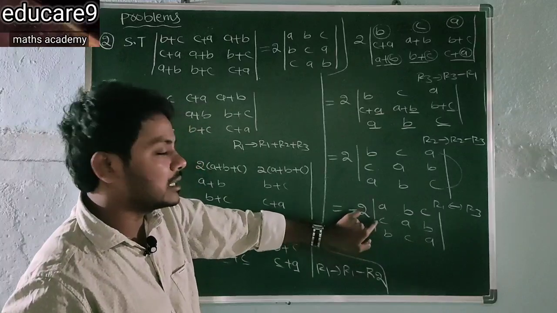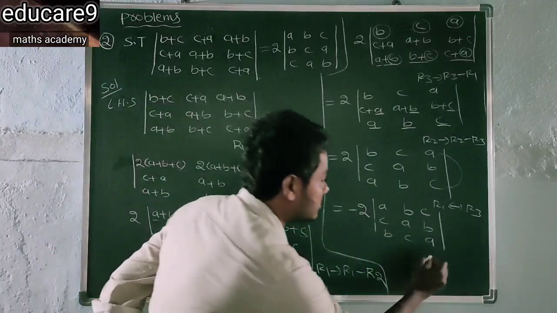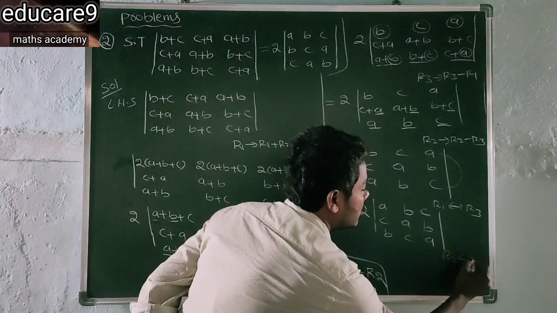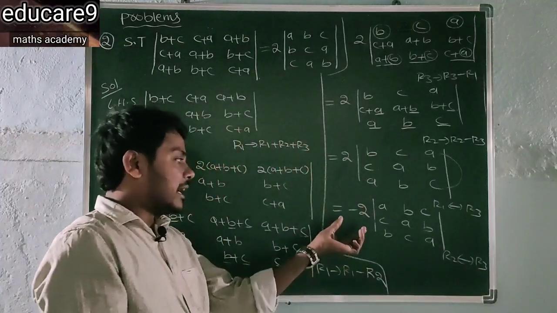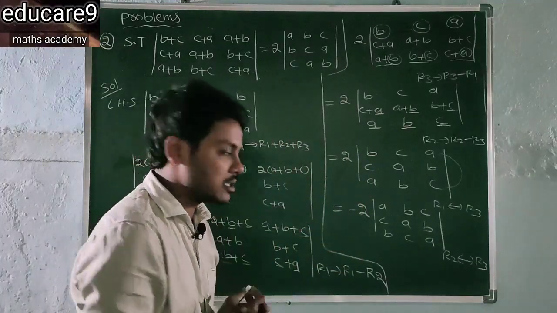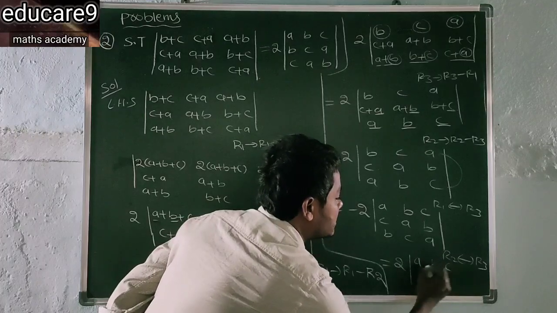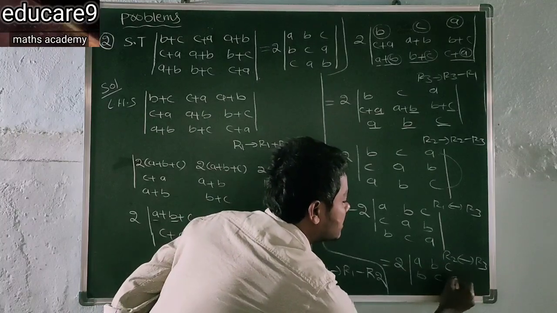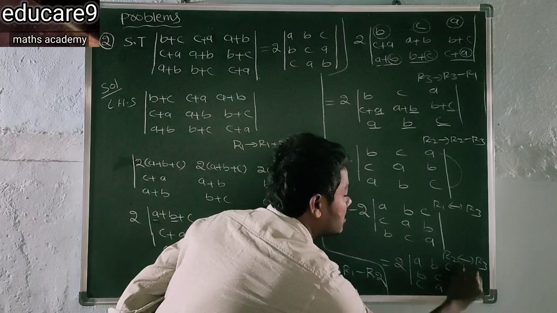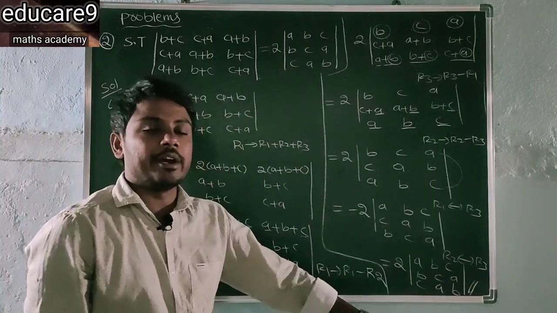Again interchanging R2 and R3, so again the sign of the determinant changes. So that is 2 times of ABC, BCA, CAB. So this is the required answer.